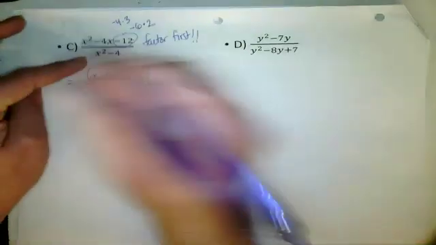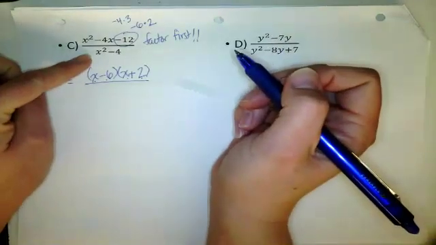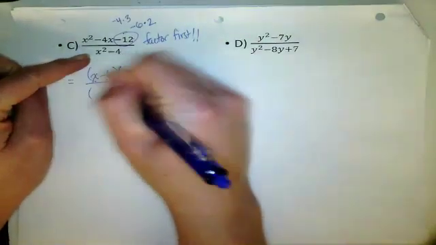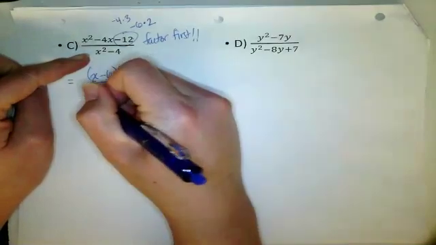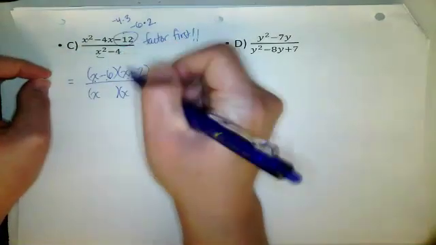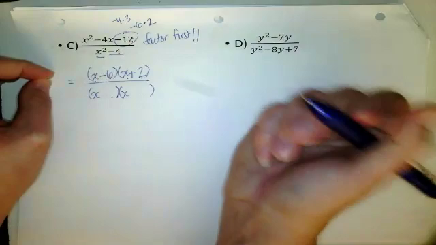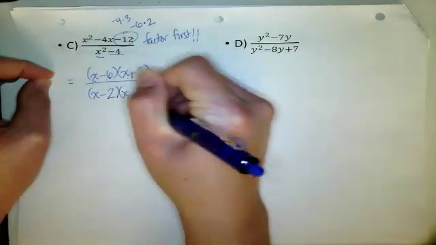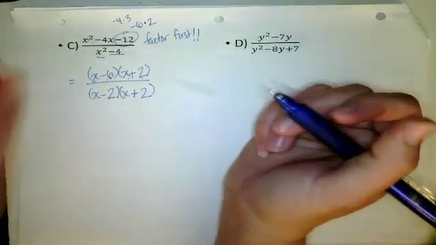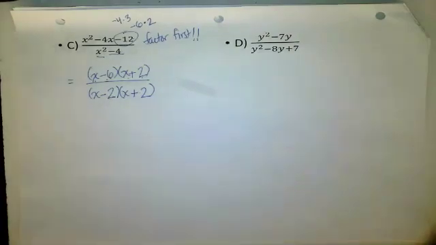All right, what about the denominator? Can we factor x squared minus 4? Yes, you can. It double bubbles as well. X times x is x squared. What times what is negative 4? Negative 2 and positive 2. Yes. So we are practicing our factoring.